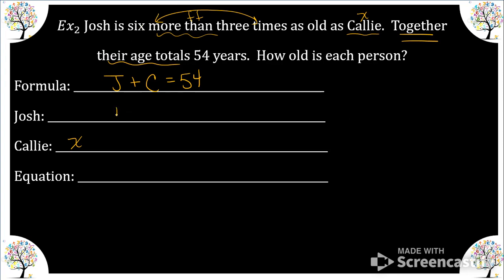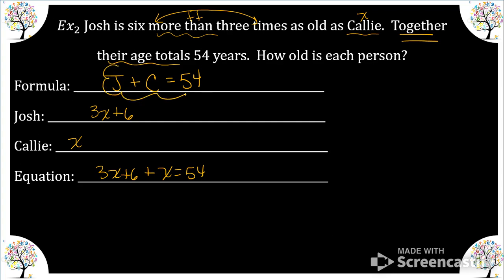The 6 will go to the back, and the 3 times will come to the front, 3 times Callie. Now we have an element. We have established an expression for each element of our formula, so now we're going to substitute in. For J, for Josh, we're going to use 3x plus 6 plus Callie, which is x, equals 54.